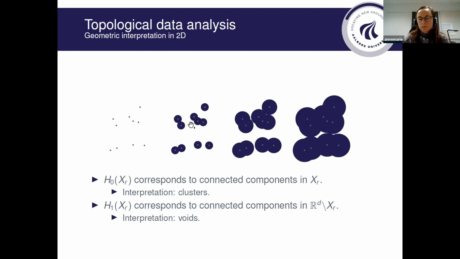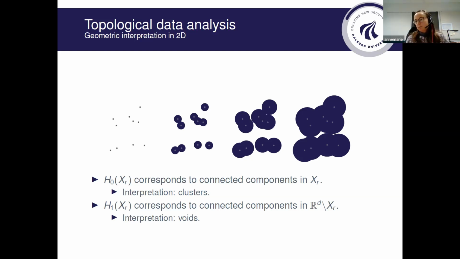Connected components in the complement correspond to large empty regions in between the points. Here you can see, for instance, that there seems to be a large empty region between these points here. And over here in the last picture, you can see a component that has formed, which has a relatively large lifetime. So large empty regions would correspond to a birth-death pair with a large lifetime.